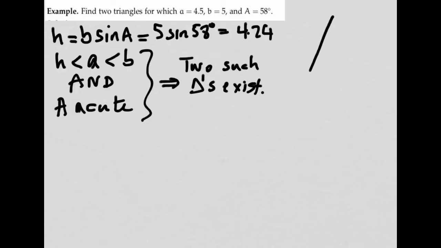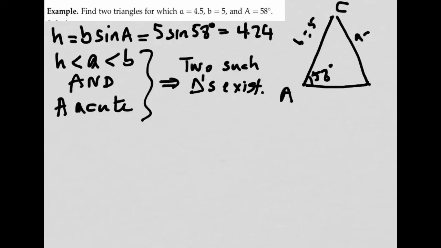Here we have side b equals 5. Here's angle C. A is 58 degrees. And we have side a equals 4.5. So b is slightly longer than a.